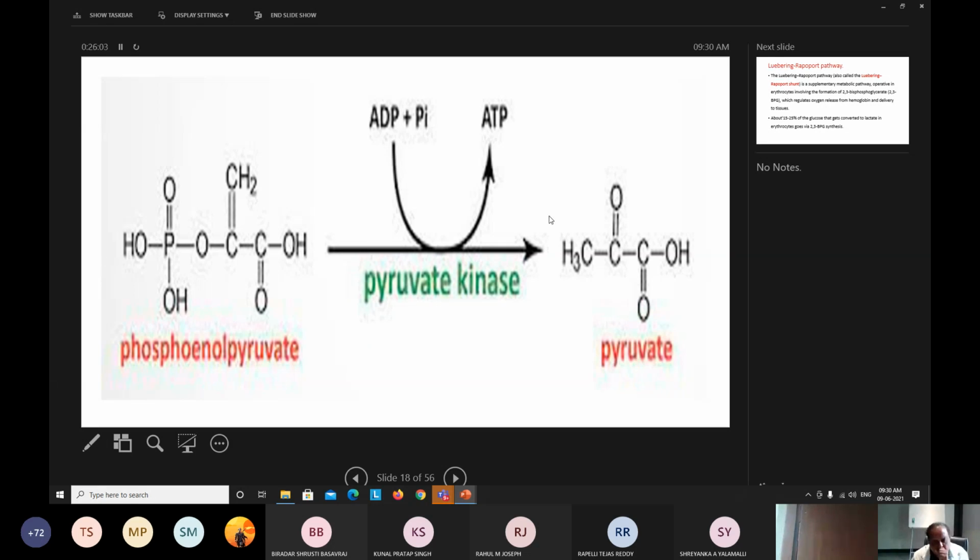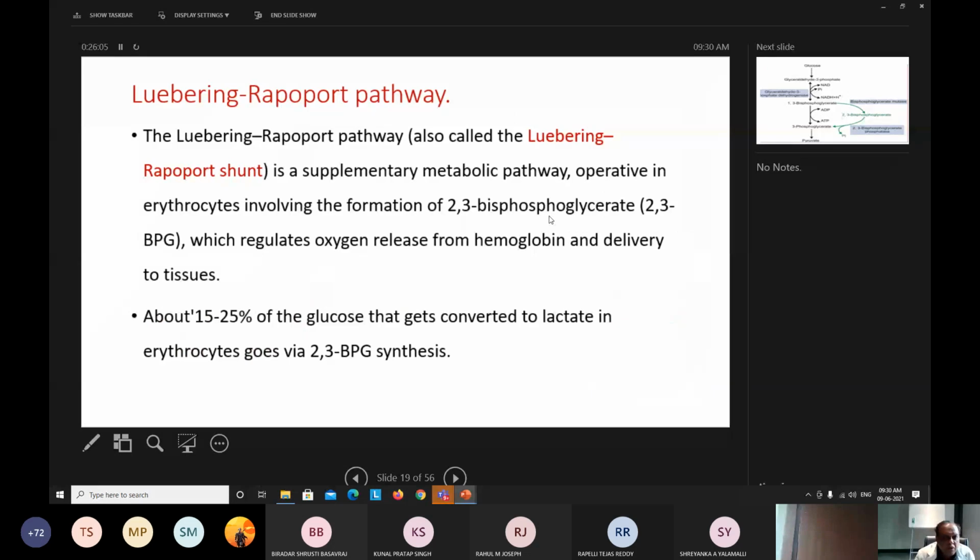So this is about the metabolic reaction of glycolysis and the regulation of the conversion of glucose into pyruvate, which is regulated at three to four places.